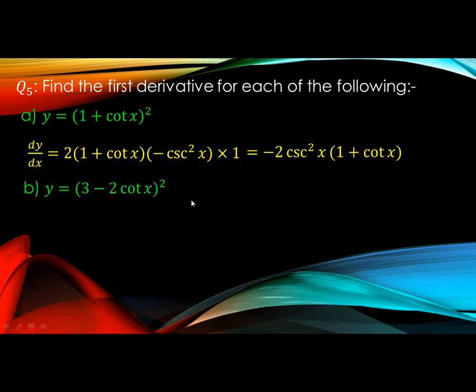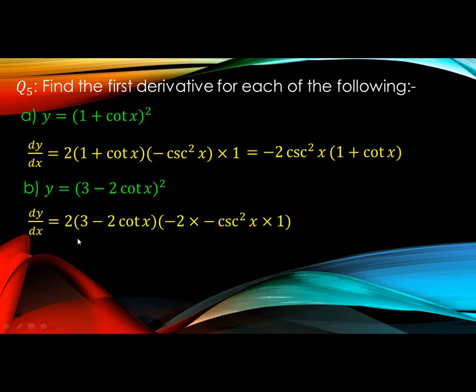Letter B, y equals (3 minus 2 cotan x) whole power 2. Also this function is a function raised to the power 2. So in the same way we drop the power and subtract 1 from the power, multiplied by the derivative of the base of the function.